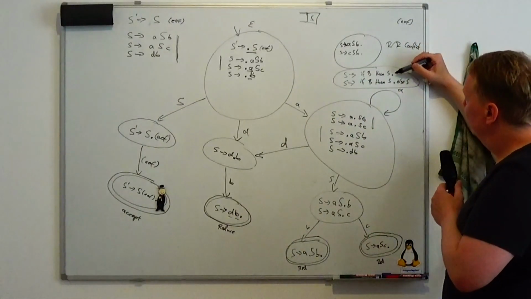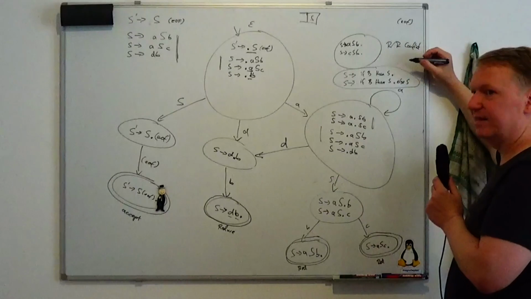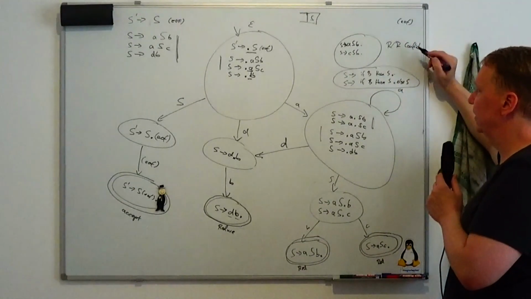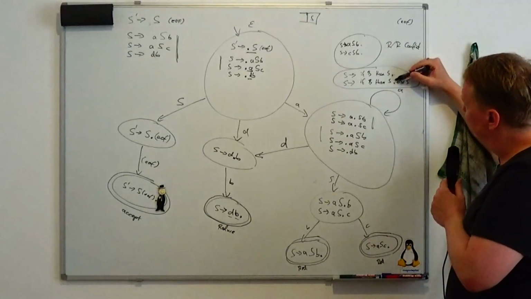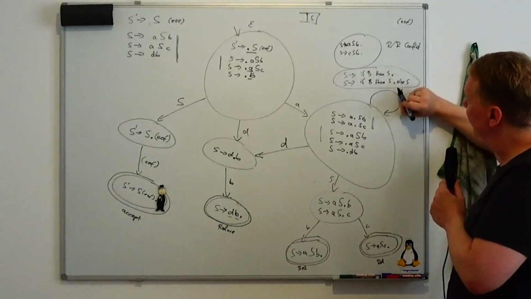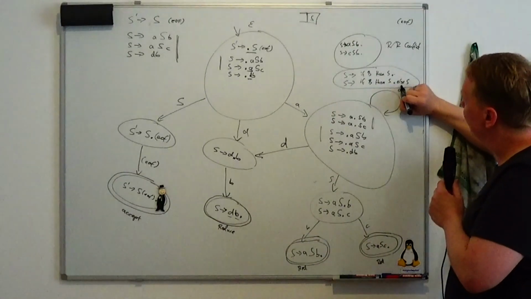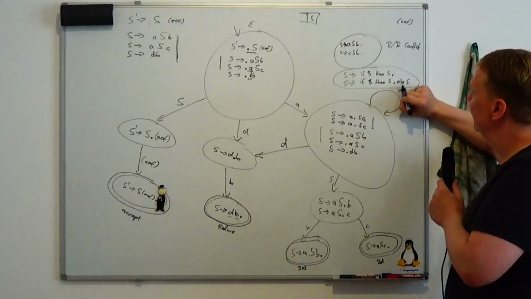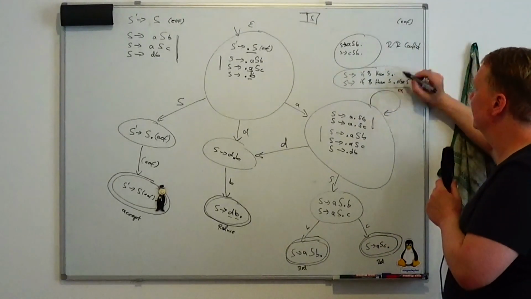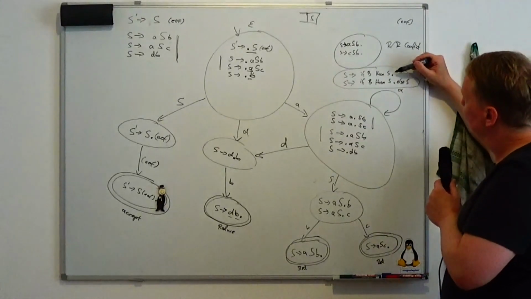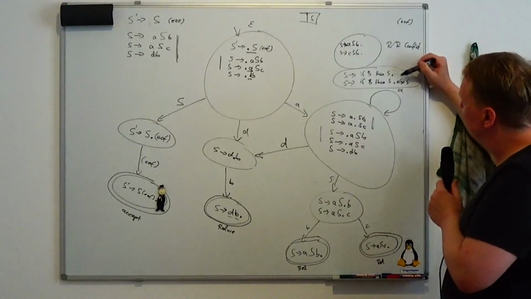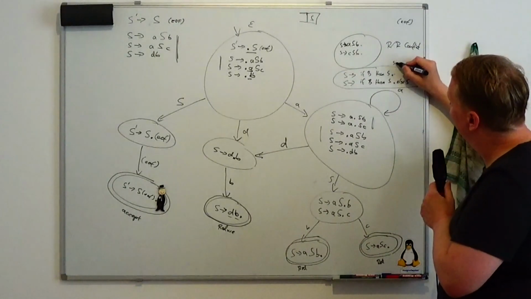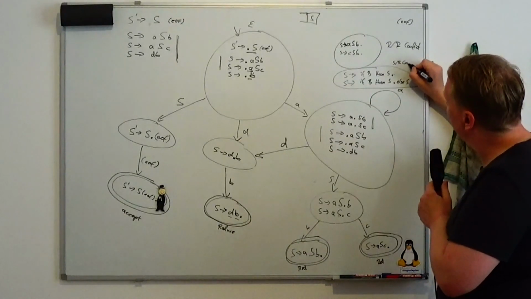And now you have one information that says, hey, the point is at the end of the production, so this means I'm done, I can reduce now. But the other information in here says, no, I'm not done. I think I would rather wait for the next token and see if that's an else. And that would mean that this information says I want to reduce, this information says I want to shift, so you have a so-called shift-reduce conflict.